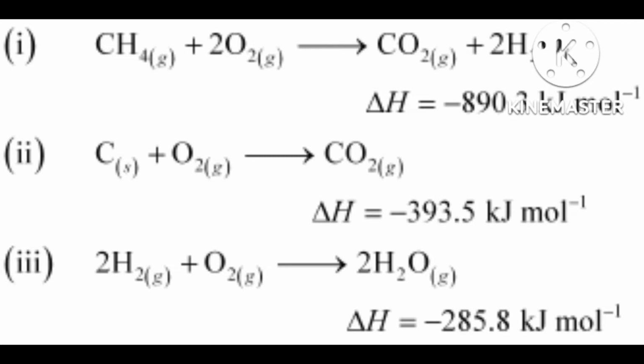Okay, hence what will we conclude from this heat of combustion? See, when we eat, how many calories are required? We need energy to do work for the whole day, from morning to night.